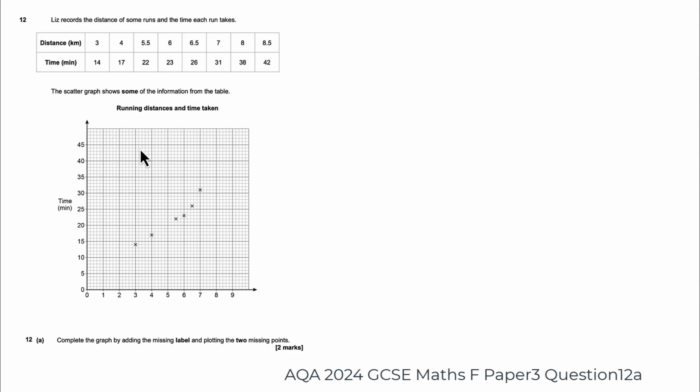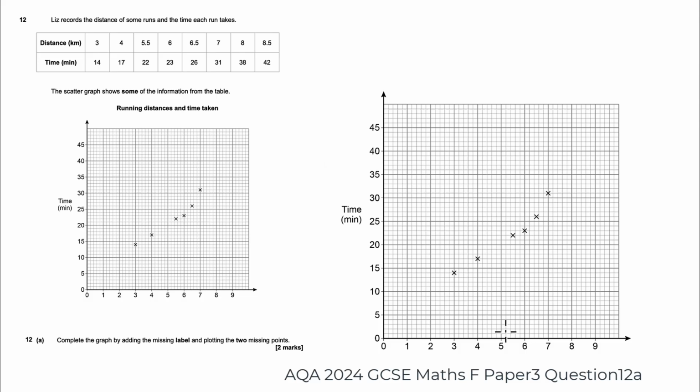And she's made up a scatter graph of this information, where up the y-axis is the time, and along the x-axis, well, we don't have a label, so presumably that would be the distance. And we're asked in part A to complete the graph by adding the missing label and plotting the 2 missing points. Well, let's have a look at the diagram, a larger version of it.